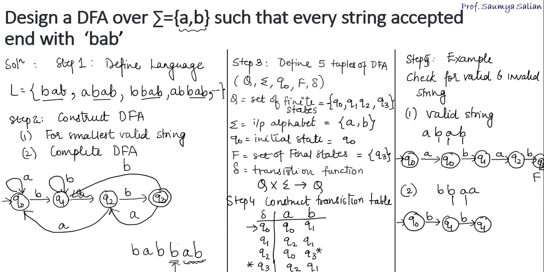Next input A. Q1 on A goes to Q2. Next input A. Q2 on A goes to Q0. So at the end of this transition, am I reaching a final state? No, this is a non-final state. That means an invalid string is rejected by the machine and we are stuck in the non-final state.